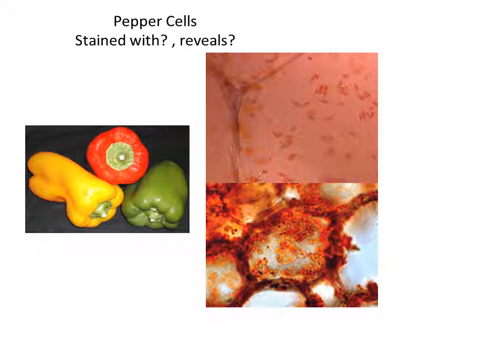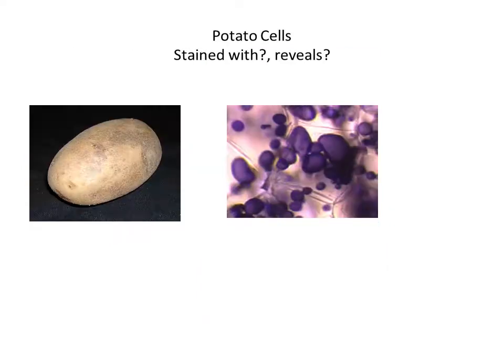Red peppers we don't actually stain, but you can see the plastids, which hold the pigments that show the colors. We'll stain potato cells with potassium iodide, and that reveals the starch capsules inside. You'll also want to note their shape when you get a cutting of these.